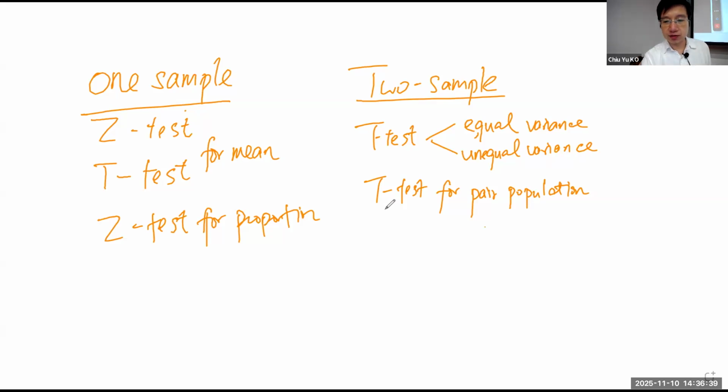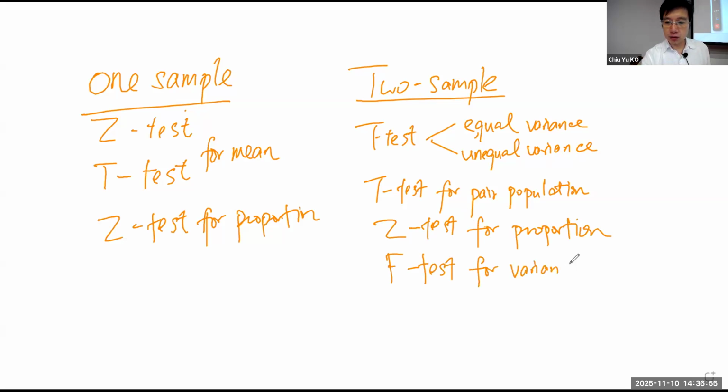And also the Z test for proportion. And then we have the F test for variance. So that would be the idea.